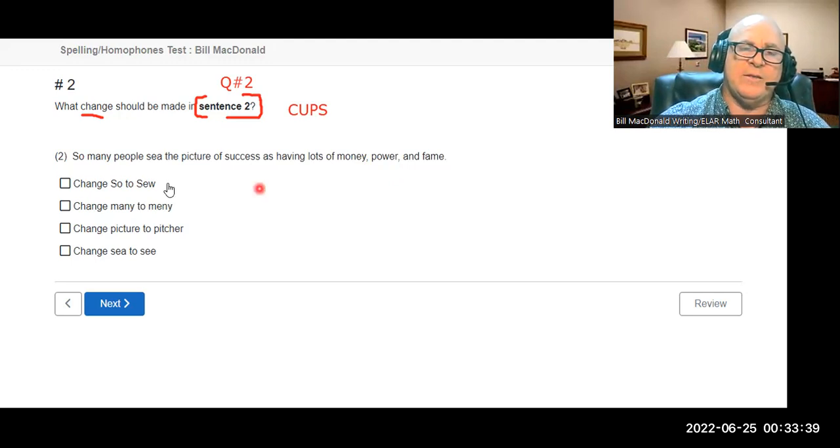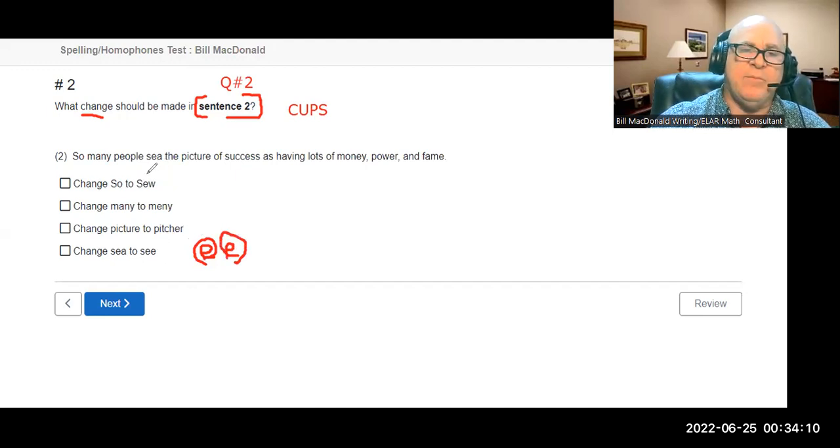So my brain said something was wrong with the word sea, the ocean. So a teachable moment of instruction: if I have an E and an E, what you do with your eyeballs is you see with your eyes.